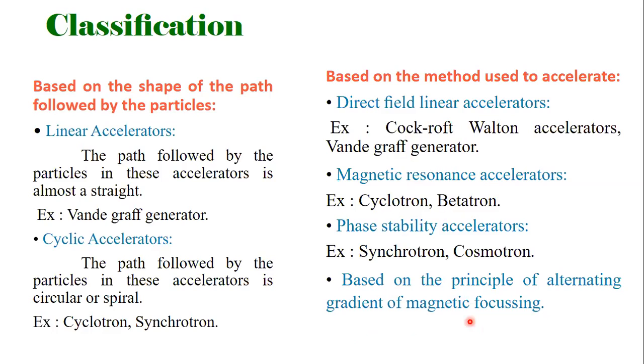Okay, here the method is the direct method, here the method is magnetic resonance, here the phase stability concept is used, and here the principle of alternating gradient magnetic focusing is used in order to accelerate the particles.